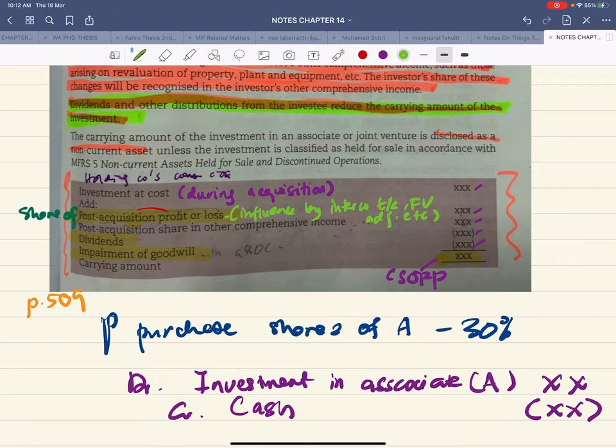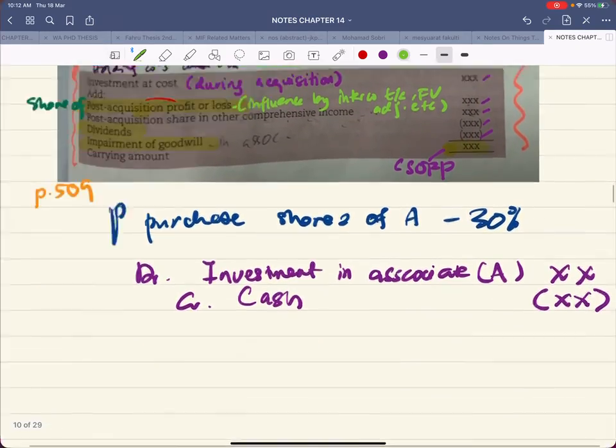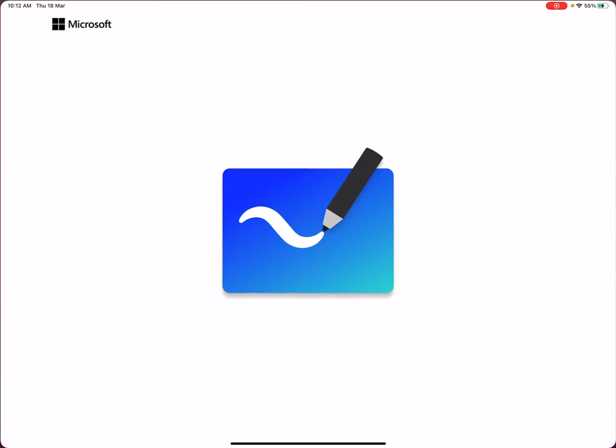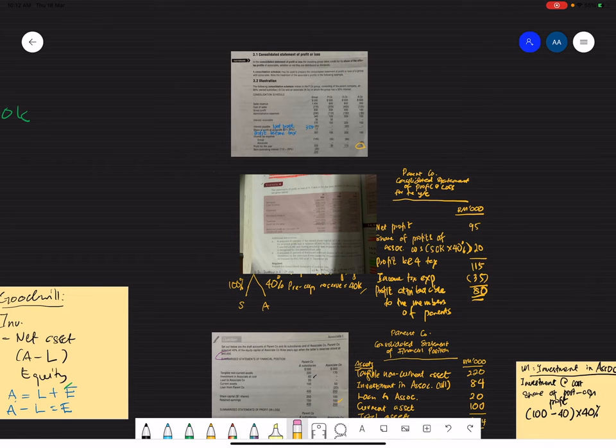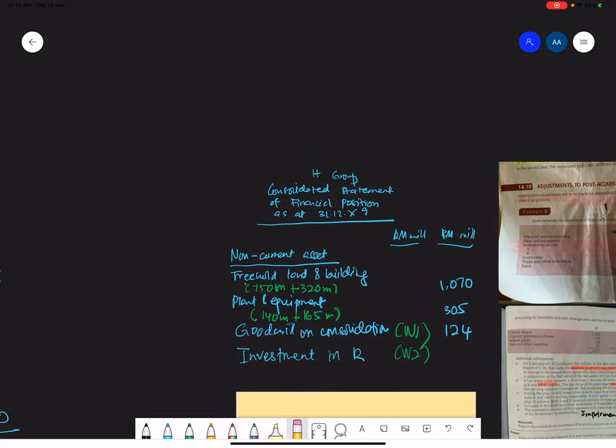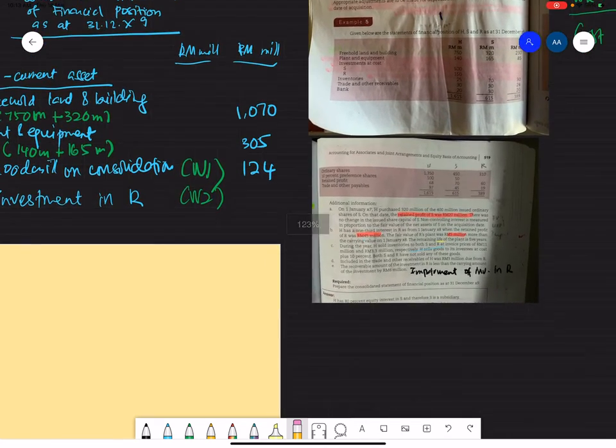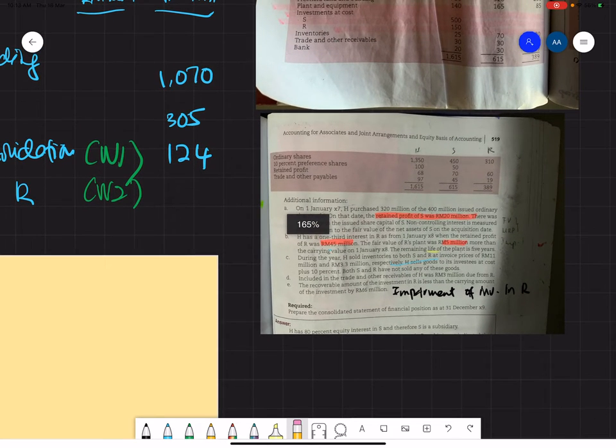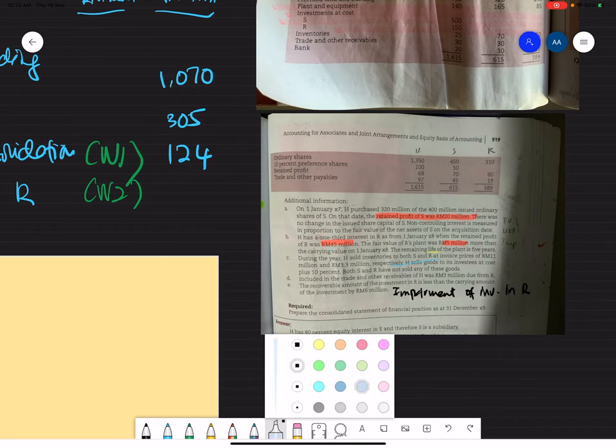Okay, so in this case there are a few items that will affect investment in R. If you look at the question, there are a few items that will affect the profit and loss of R, which eventually will affect the investment in R. First, fair value.